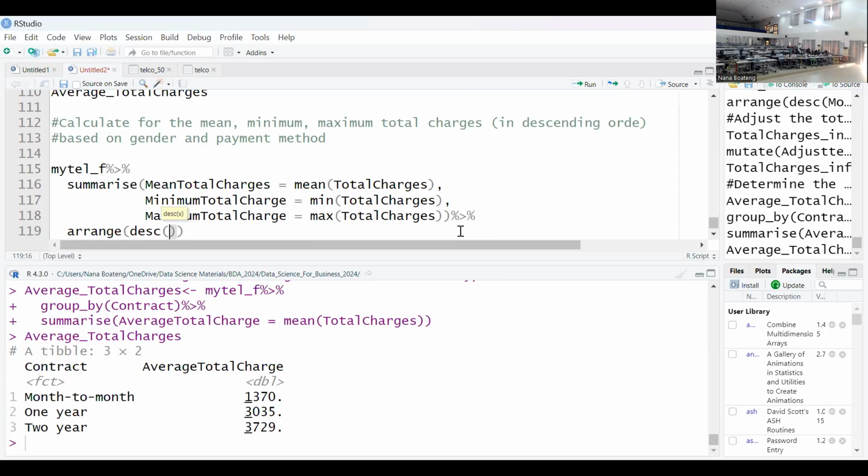We want to look at arrangement based upon the maximum total charge. Okay, let's run this.